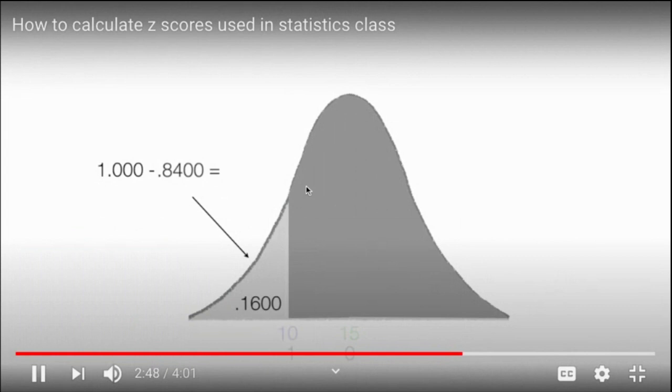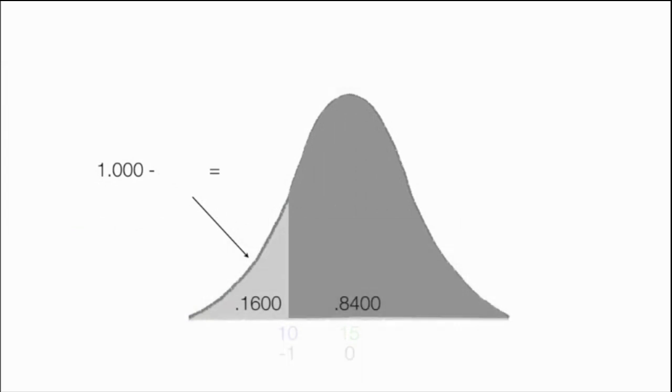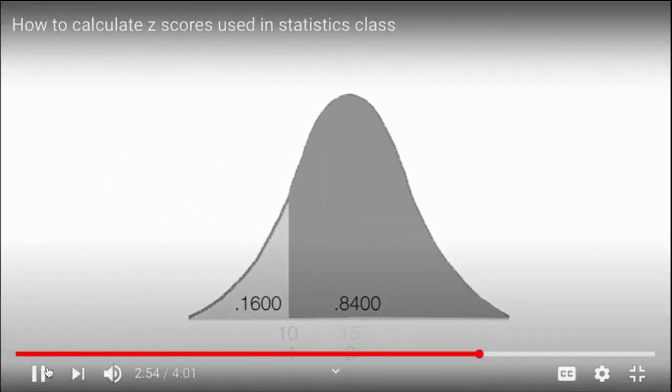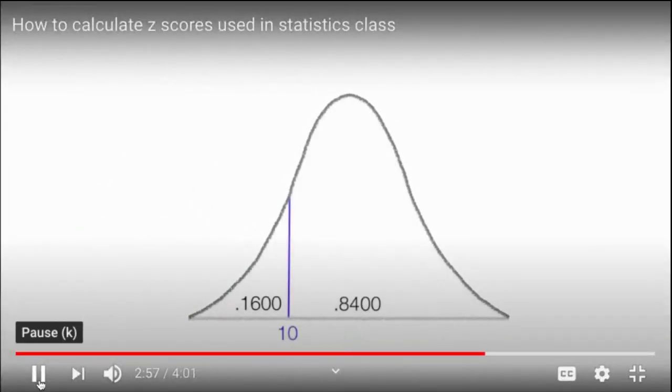So 0.16 is the probability of an observation being less than 10. So an observation being more than 10 is 0.8400, that area there. An observation less than 10 is that area there, which is about 16%.